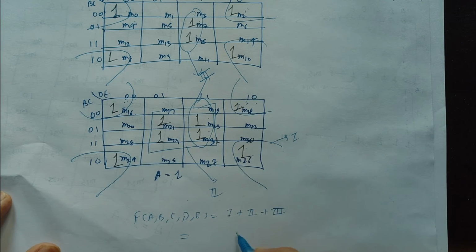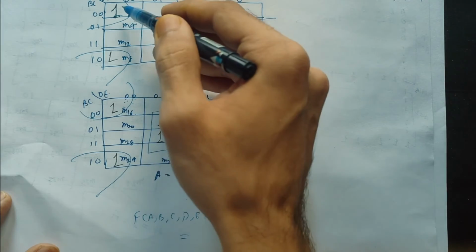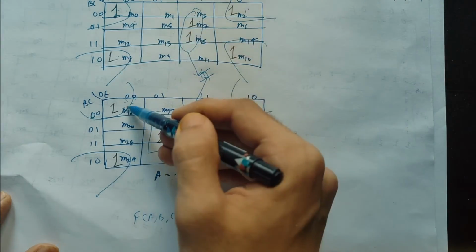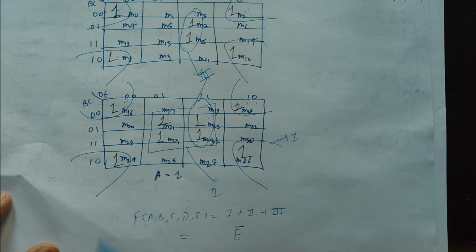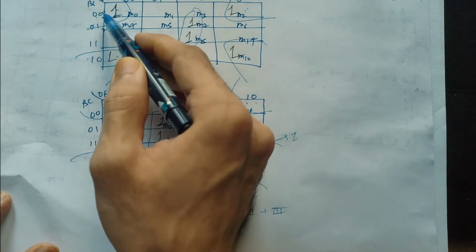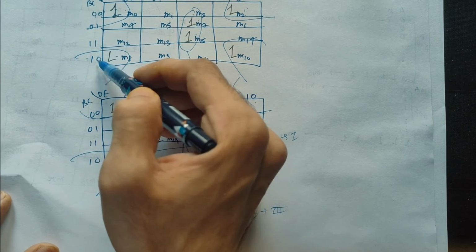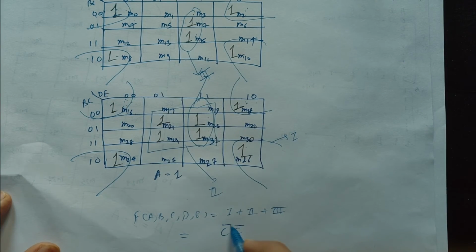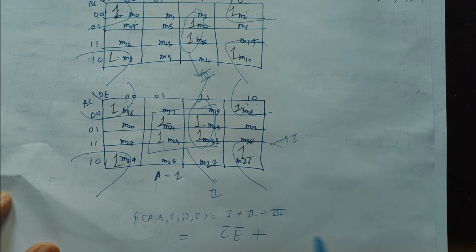E is 0, so it would be E bar. Moving from this cell to this cell, B is changing from 0 to 1, but C is not changing. C is 0. So we write C bar E bar for the first group.